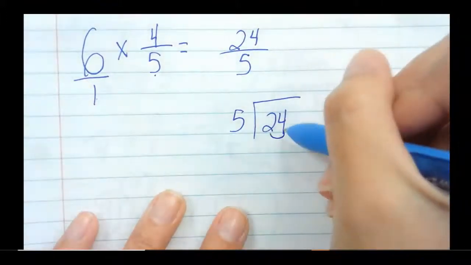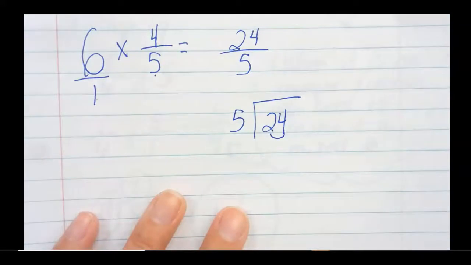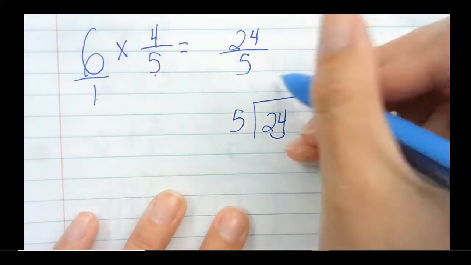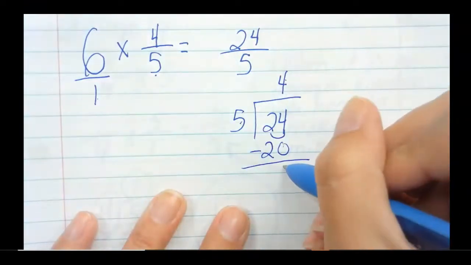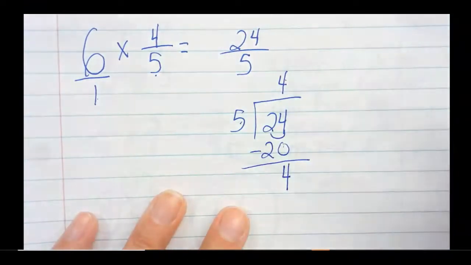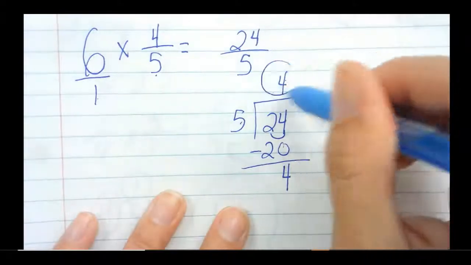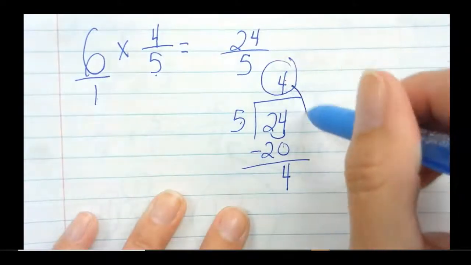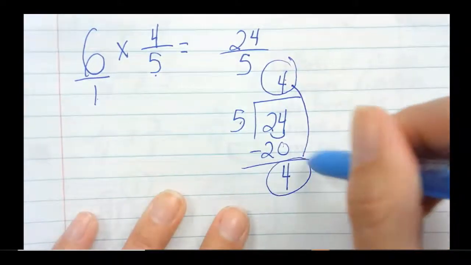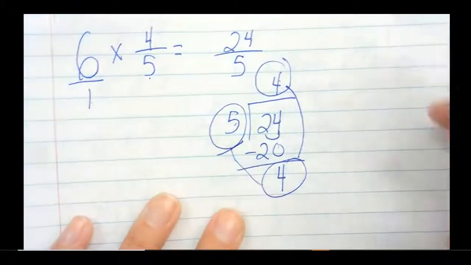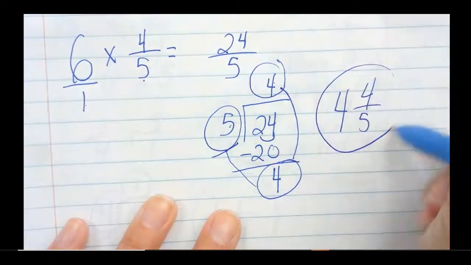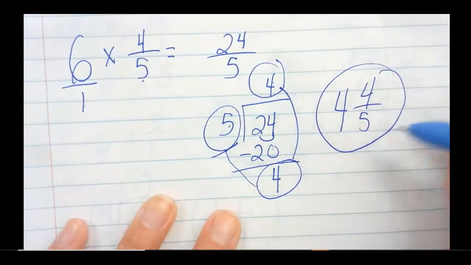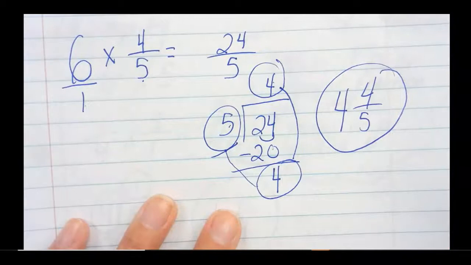What number times 5 gets us closest to 24 without going over? 4. 4 times 5 is 20. How much do we have left over? 4. So remember, around the clock, we start at 12 and we go around. So our final answer is 4 4/5. Can I simplify 4/5 anymore? No.